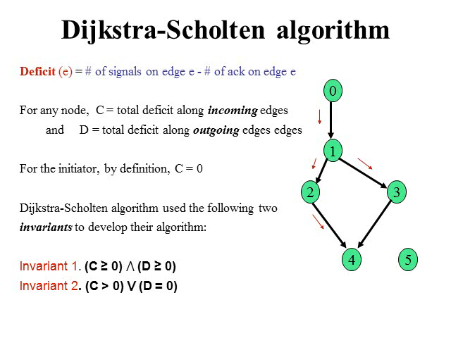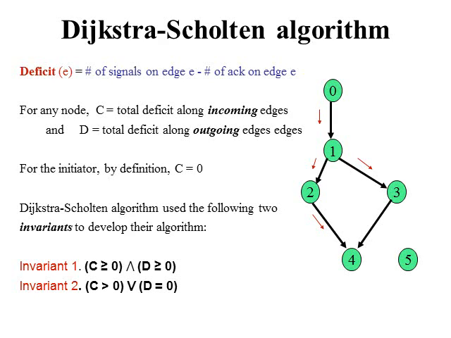The edge 0 to 1 indicates the deficit C for process 1, and for the same process 1, D is indicated by the deficit along the edge 1, 2 and the edge 1, 3, because both of them are the outgoing edges.